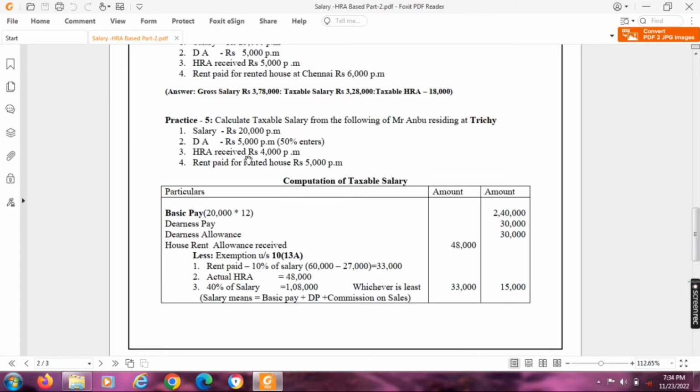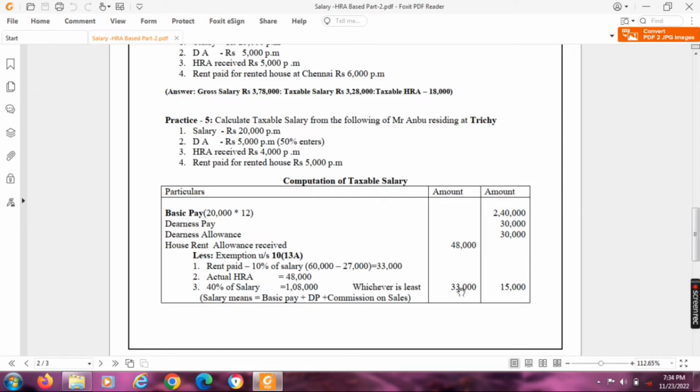HRA received 4,000 per month, out of which house rent paid is 5,000. Here the house rent is paid, so we can claim exemption. If no rent is paid, then no exemption. The actual house rent allowance is fully taxable. We cannot claim any exemption under section 10(13A). Please note this point.